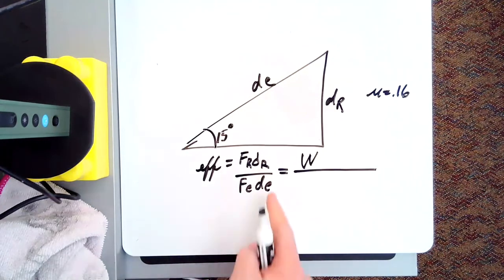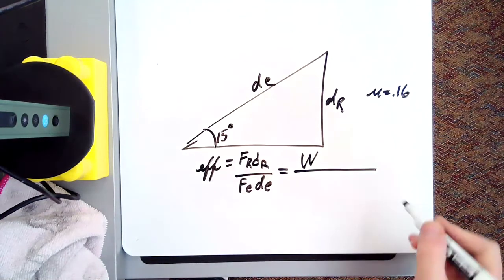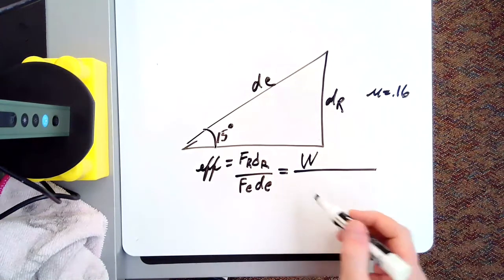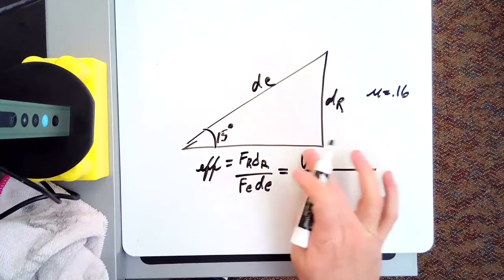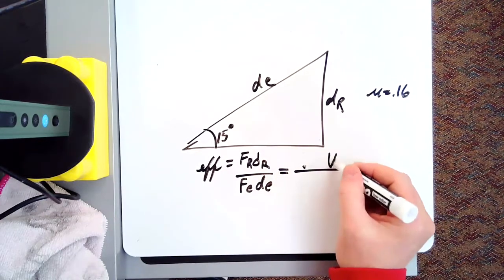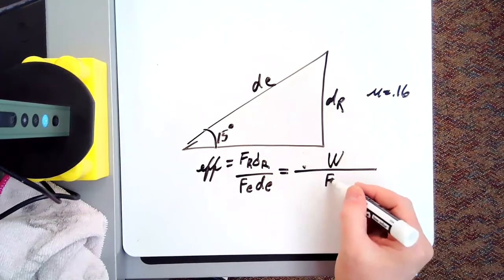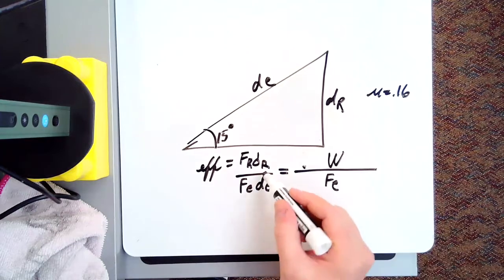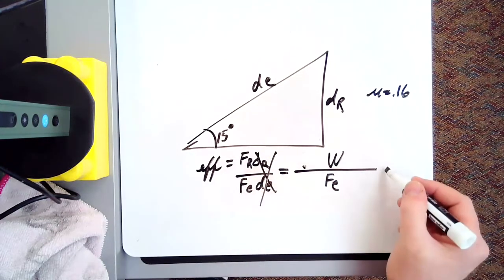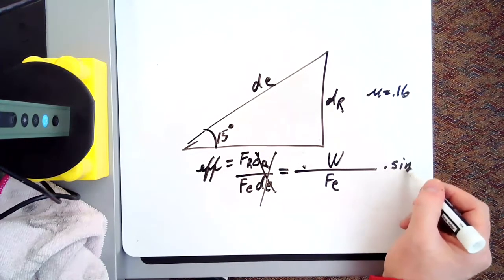Instead of that ratio, I could actually put in sine of 15, right? So on top I have weight. Down here, I have FE, which I don't know what that is yet. And then instead of the dr over dE, I'll just do times sine 15.